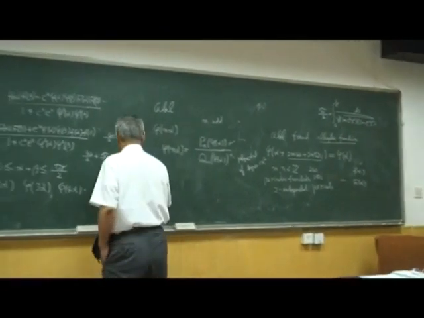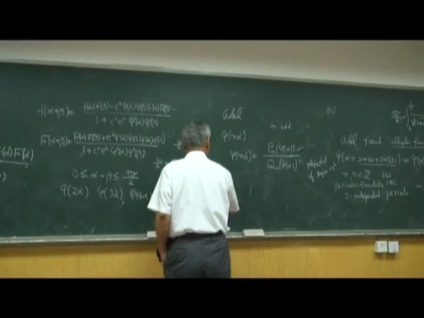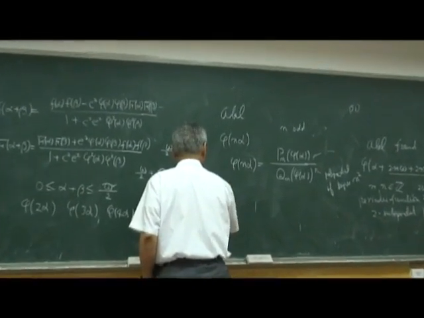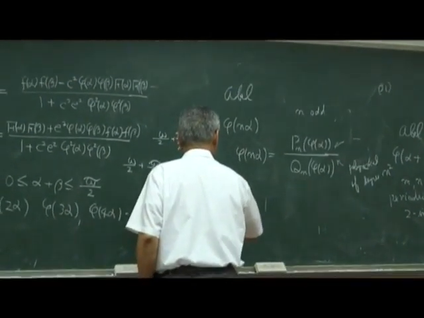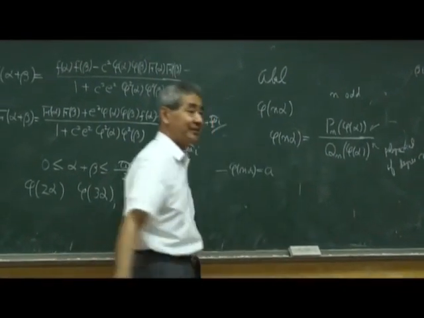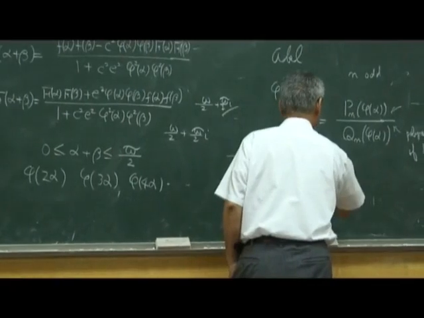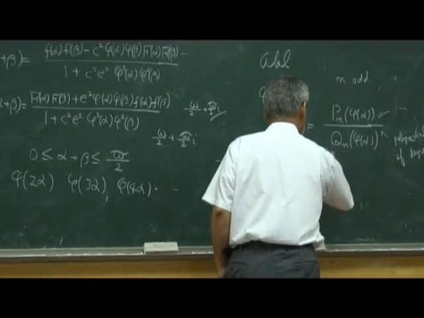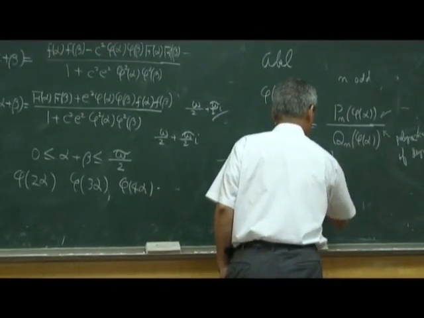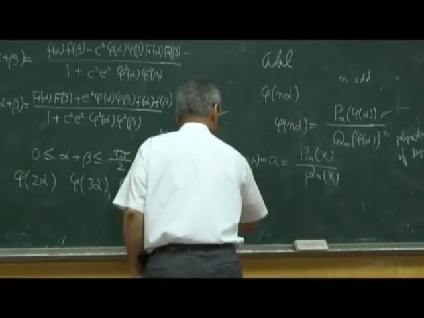So Abel wanted to solve the equation where this is known. So phi n alpha is known, some fixed A, and he wanted to solve this equation.